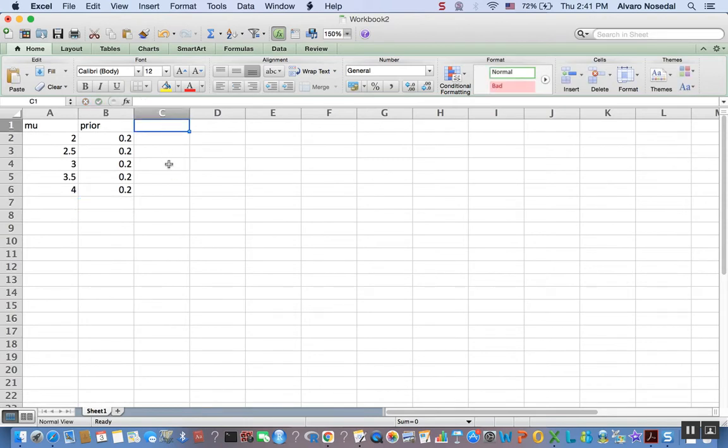We know that if we're going to be using this tabular format to apply Bayes' theorem, what we need to do here is to have the likelihood. Once we have the likelihood, we have prior times likelihood as your next column.